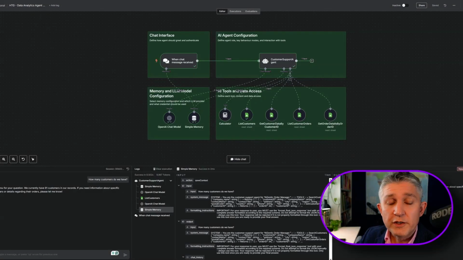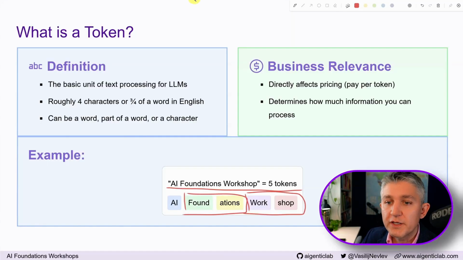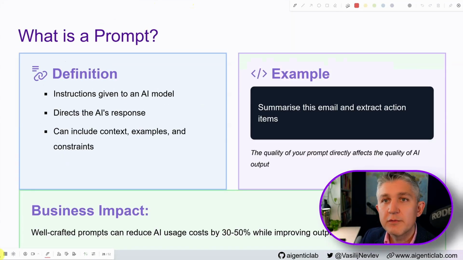Now I used another word that you may not be familiar with, and that is a prompt. Let's talk about what a prompt is. One way to think about the prompt is as a set of instructions given to an AI model. And that set of instructions then prompts the AI to execute and provide an answer. A crafted prompt will make the difference between getting the answer that you want and something that's completely unpredictable and irrelevant.